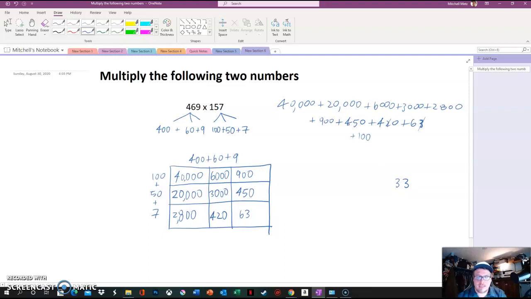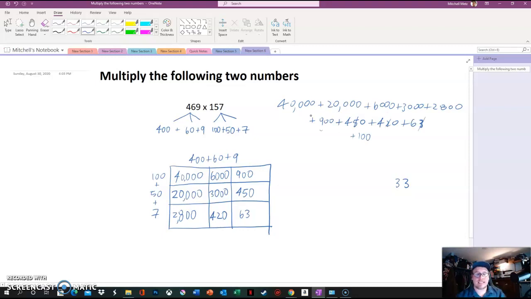Now that I've done my tens places, I'm going to work towards my 100s places. And I'm going to add those. So I'm going to add 1, 2, 3, 4, 5, 6, 7, 8, 9, 10, 11, 12, 13, 14, 15, 16, 17, 18 right here. And then I have another 800, 18, 19, 20, 21, 22, 23, 24, 25, 26.